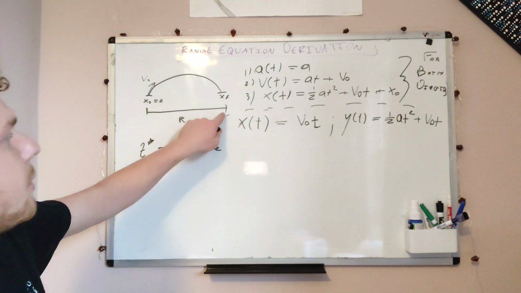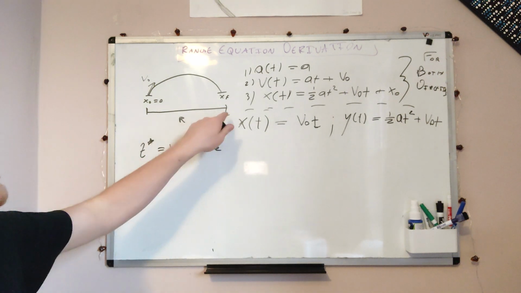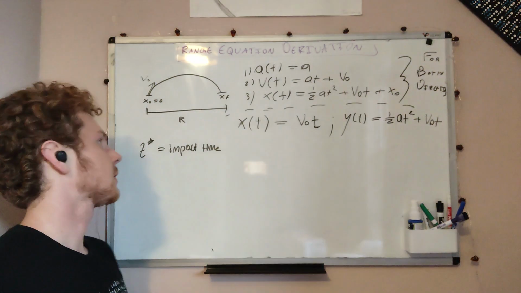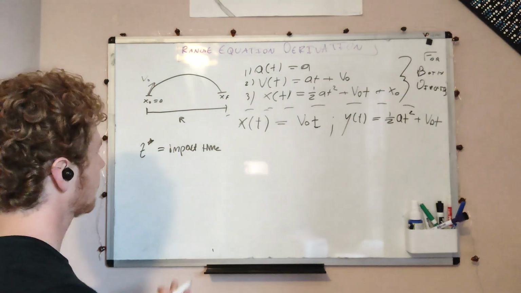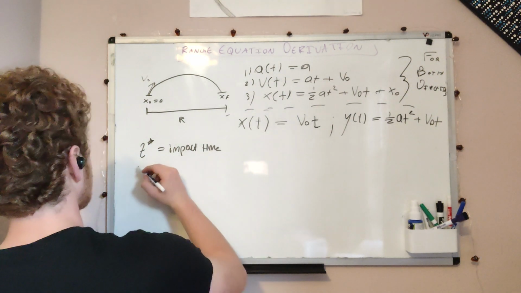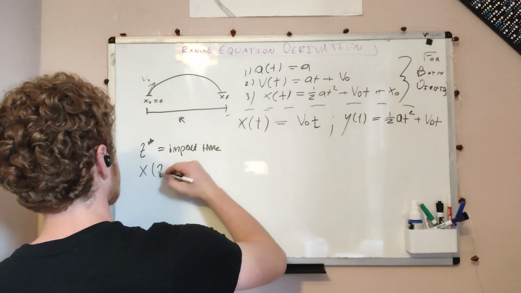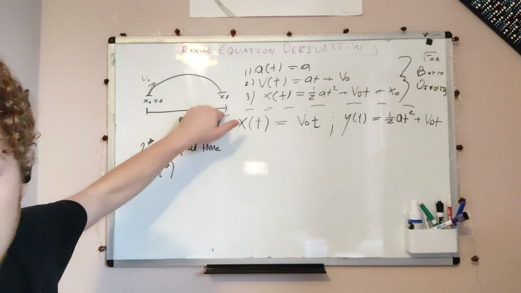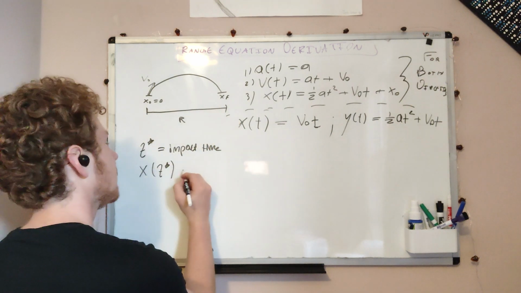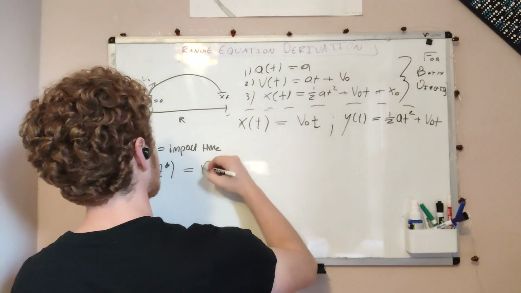So this is the time of impact. At time t star, it touches the ground once again, right? So that must mean that x of t star, or the position x at that time, is R.